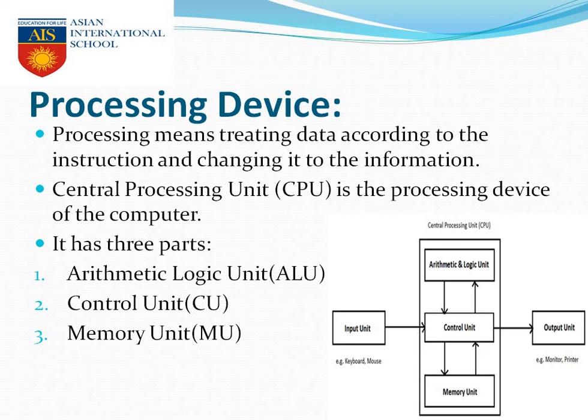All this is controlled by your control unit. And next is memory unit. Whenever you are doing some arithmetic or logical operations, you need to store a little bit of information. That information is stored in your memory unit.